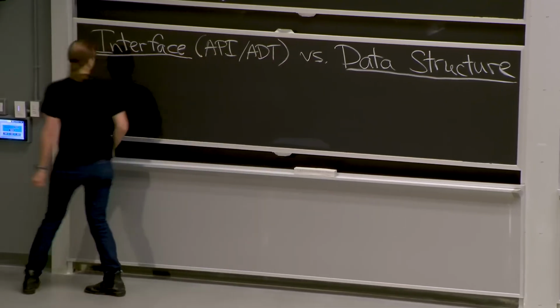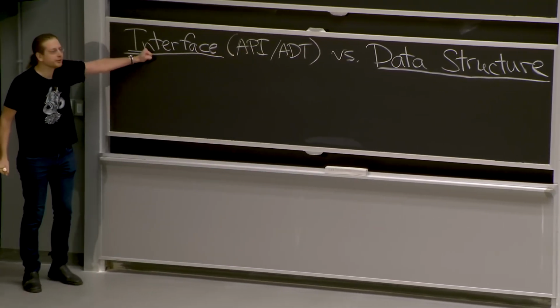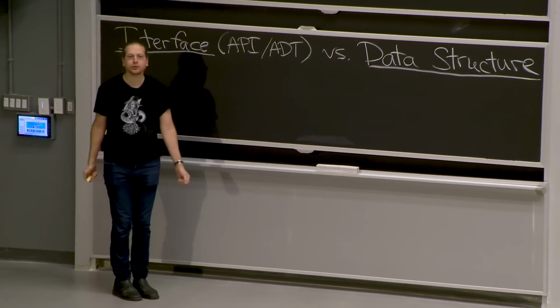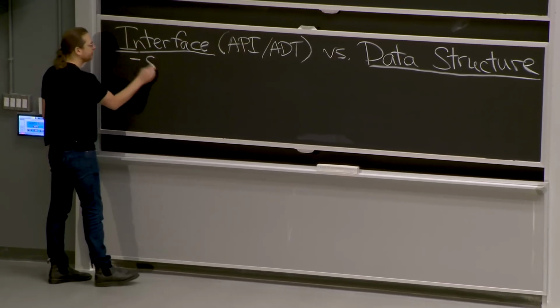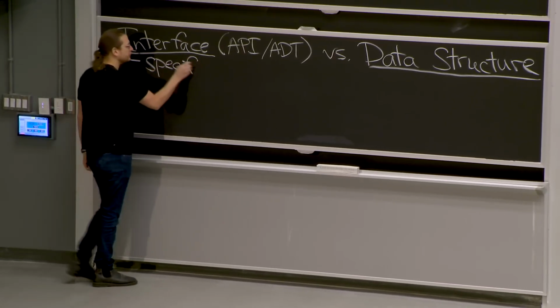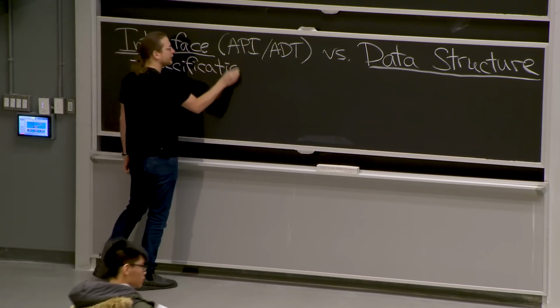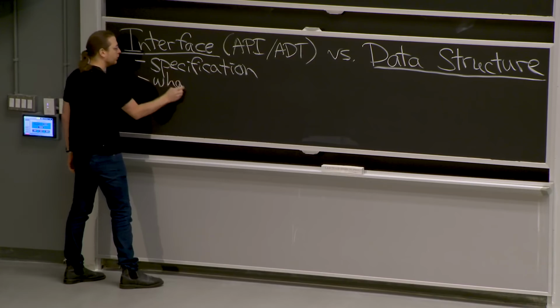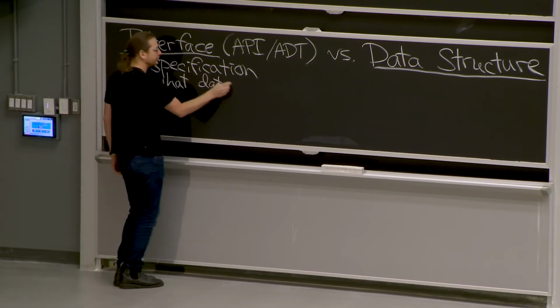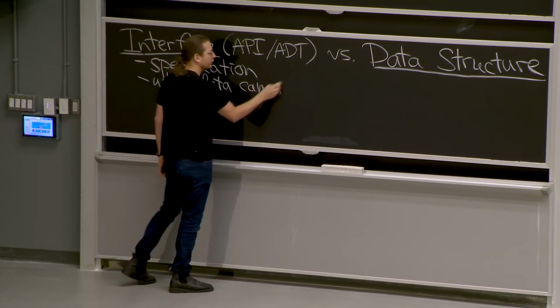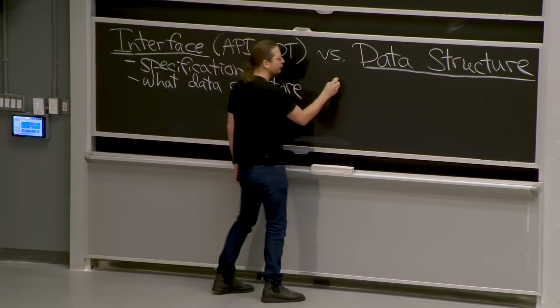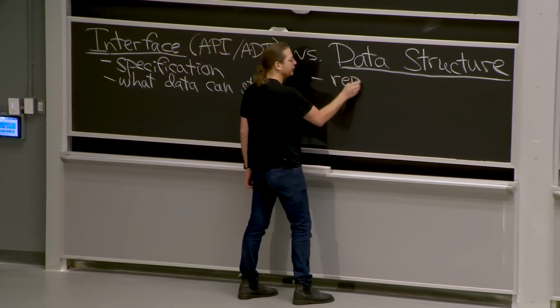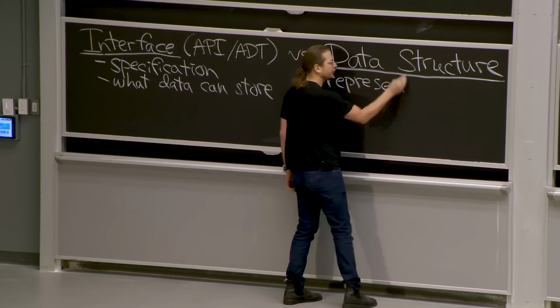The idea is that an interface says what you want to do. A data structure says how you do it. So you might call this a specification. And in the context of data structures, we're trying to store some data. So the interface will specify what data you can store, whereas the data structure will give you an actual representation and tell you how to store it.